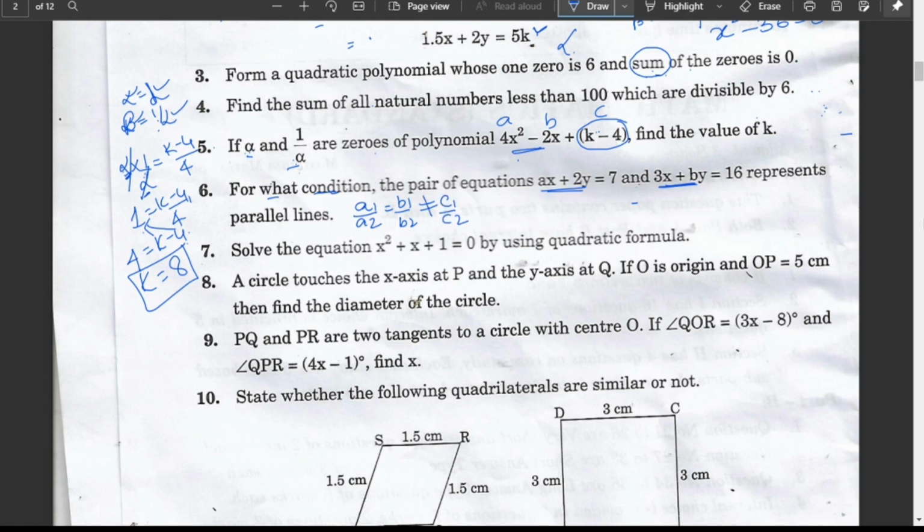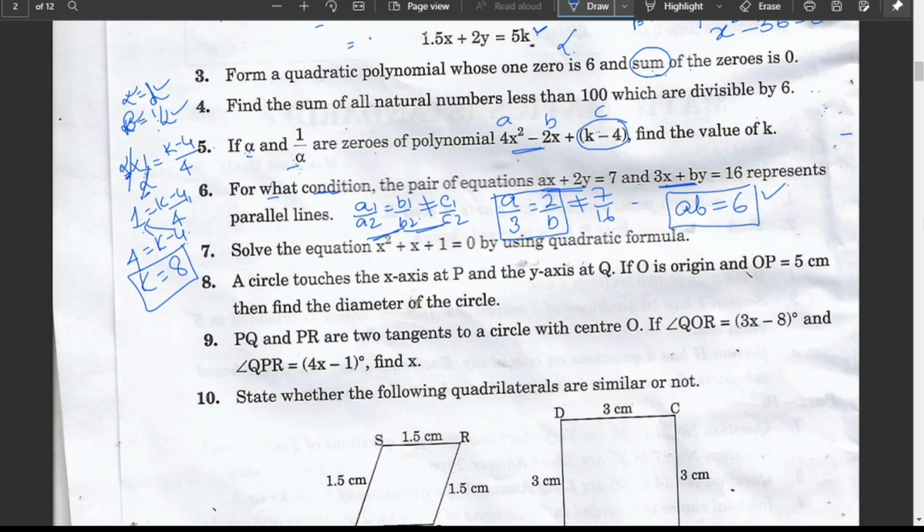So we'll have to use both the conditions over here, both we have to show. First I'll write a by 3 is equal to 2 by b should not be equal to 7 by 16. So first we'll take this part here. So we get ab should be equal to 6, first part.